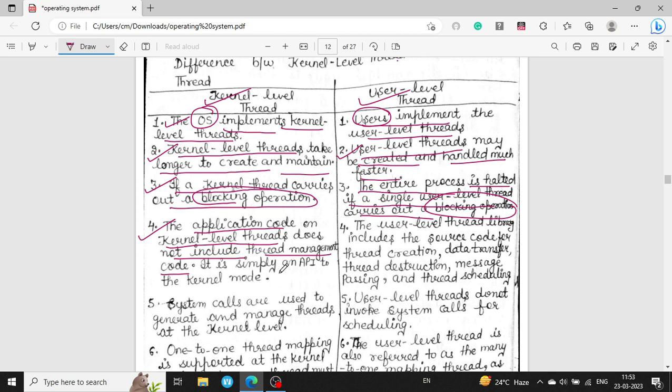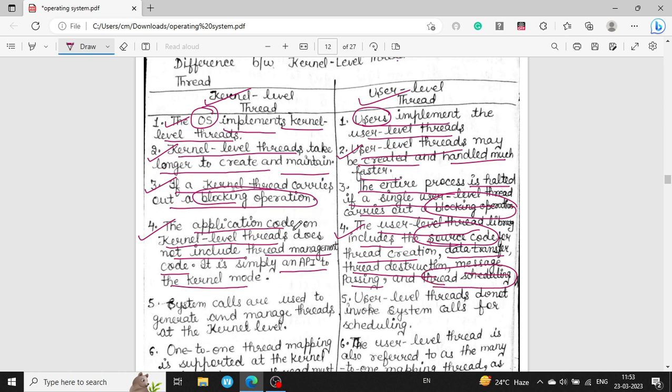It is simply an API to kernel mode. On the other side, the user level thread library includes source code for thread creation, data transfer, thread destruction, message passing, and after that thread scheduling.